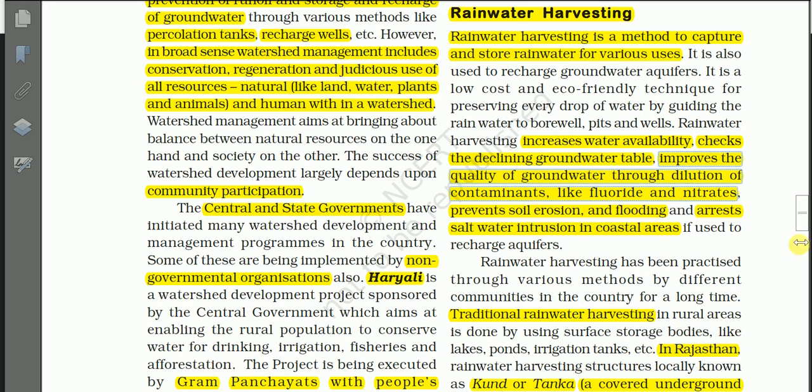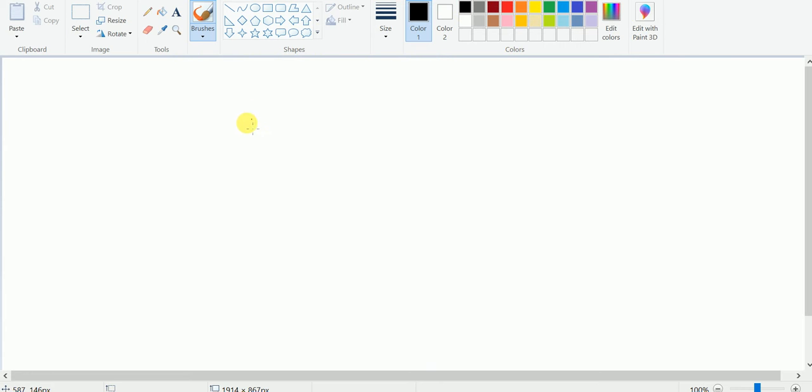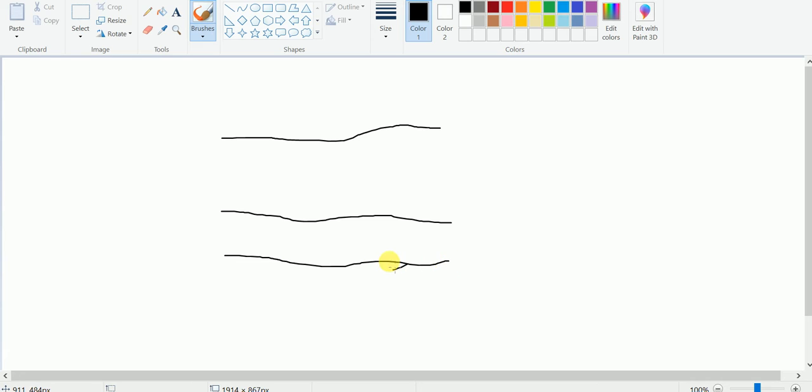Okay, about this we also have discussed. See here, this is the aquifer. Let us say this is the aquifer. Here we have a layer of clay, and in this aquifer, if the water table is low due to overutilization, water contains only up to here, for example.